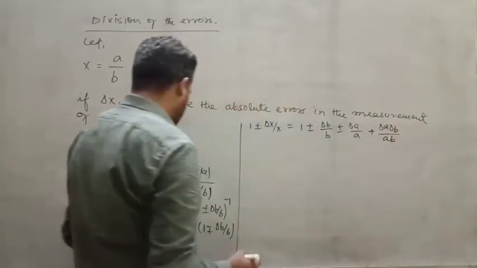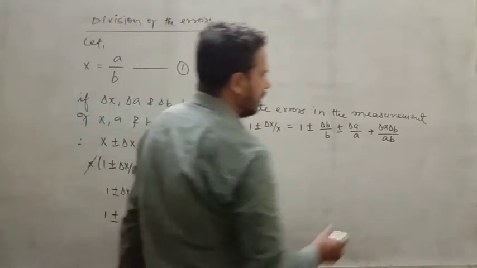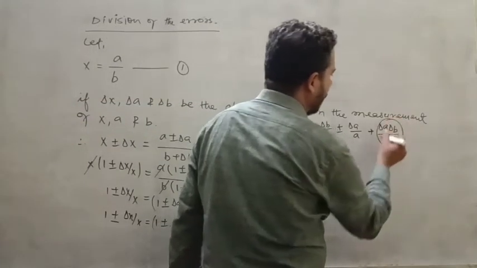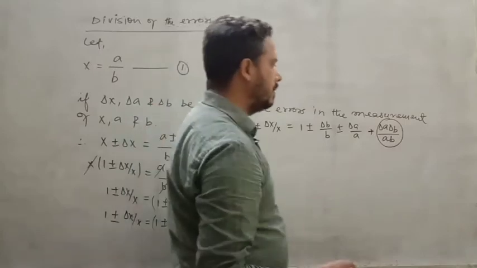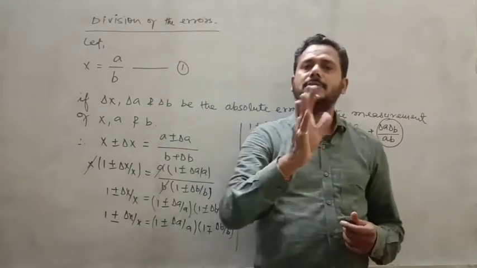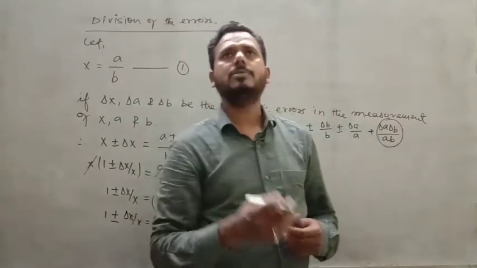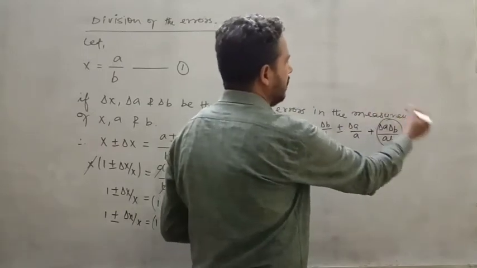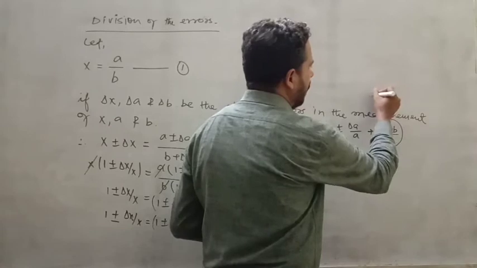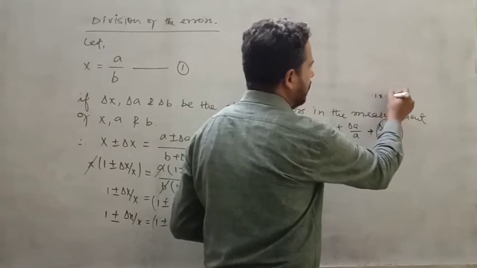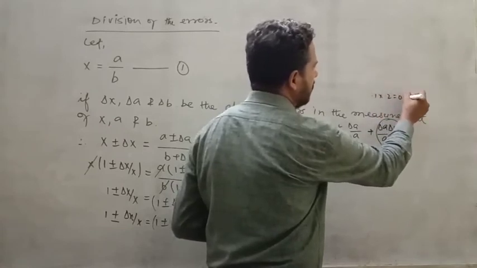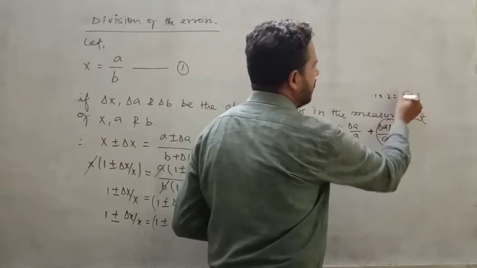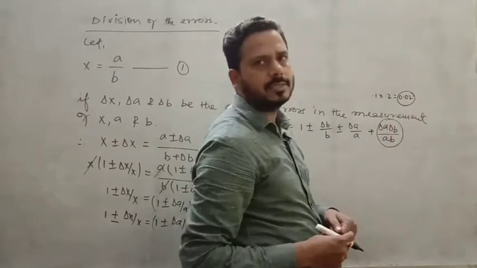Now you are seeing that this factor will be neglected. Why? Because this is a product of very small quantities. Just like 0.1 multiplied by 0.2 is 0.02, which becomes more or less negligible.